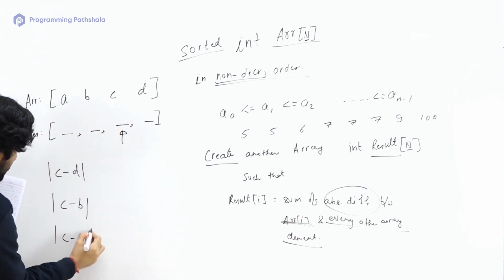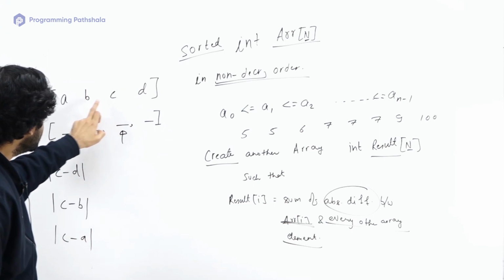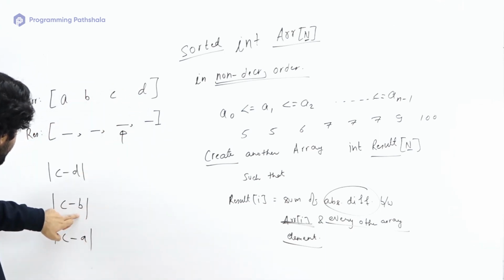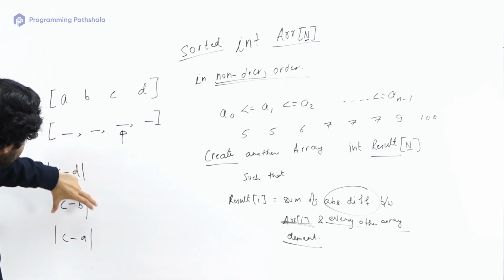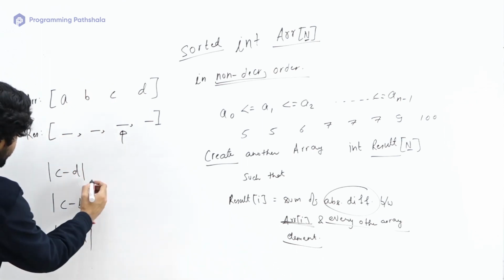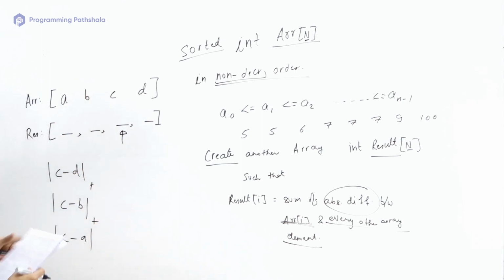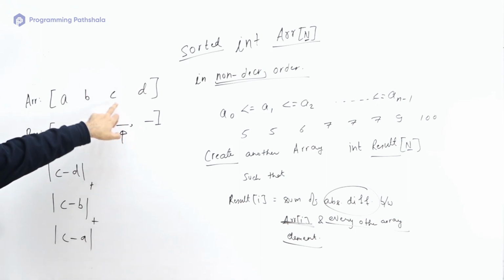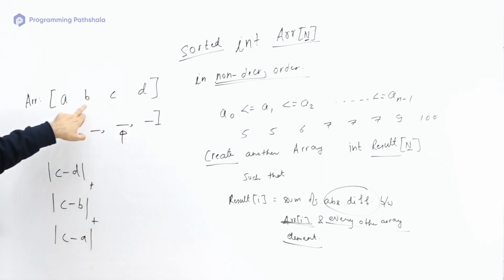Done, right? So apart from C, there are 3 more elements which are A, B and D. And you have taken the absolute differences with them, and whatever will be this sum, that has to come and sit over here. And whatever exercise you did for C, that you have to do for B also.